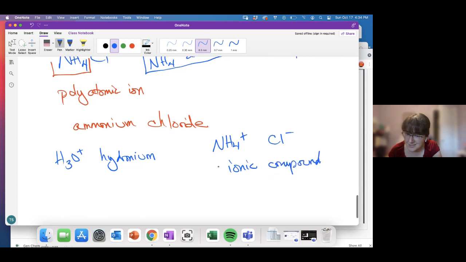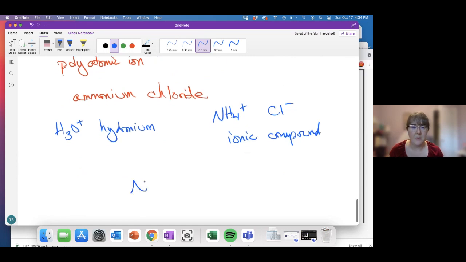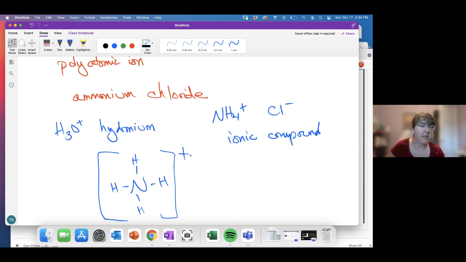That being said, do realize that my ammonium is held together with covalent bonds. So ammonium, you could absolutely draw a Lewis structure for. It's held together with covalent bonds, but when it's in a compound with something else, the charge on the ammonium ion is what holds it together in a compound with other things.